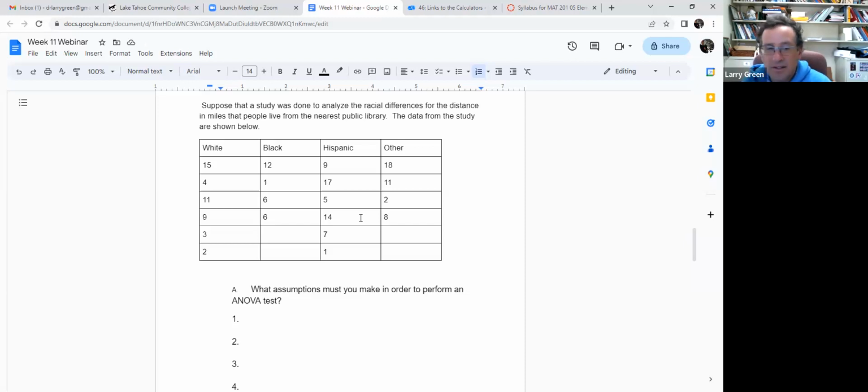Any questions on the first one? So it's yes. Or let's say we need or must assume that all 4 distributions of distances from the nearest public library are approximately normally distributed.